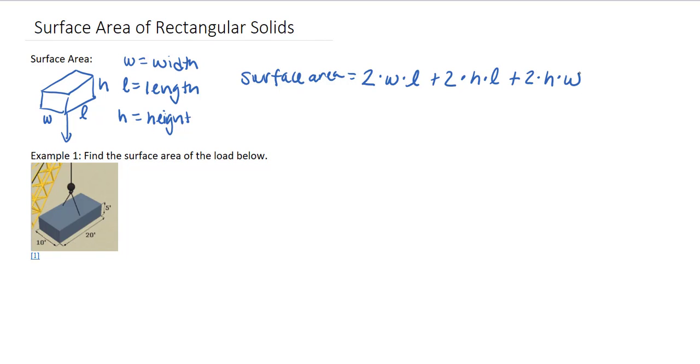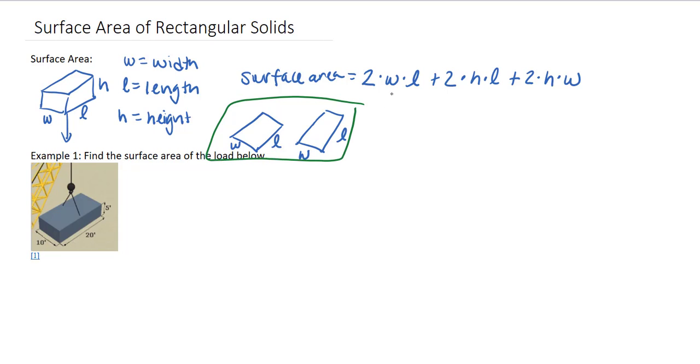So really what this means is, if we were to deconstruct this rectangular solid, you have the top and the bottom, so width times length, that we need to add up. That's 2 of them, so these 2 are right here.